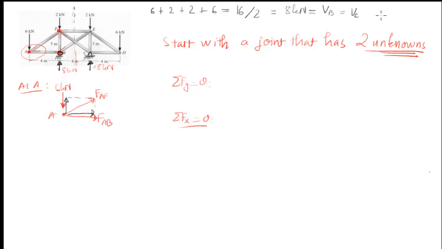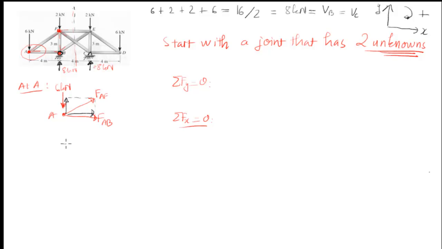Before we go further, I'll show you my assumption again. Anything going this way is positive, anything going this way is positive, and anything clockwise is positive. This is my assumption all the time, so this will apply here as well. Now what is the value for this one?